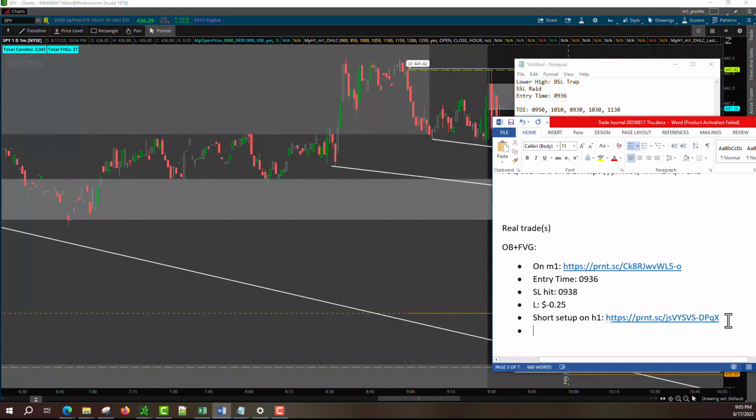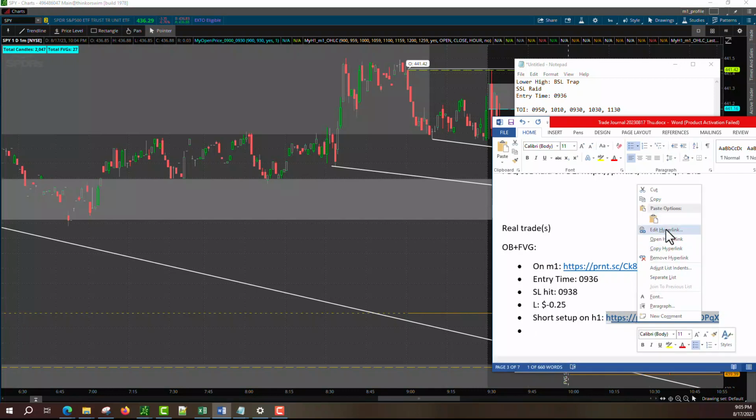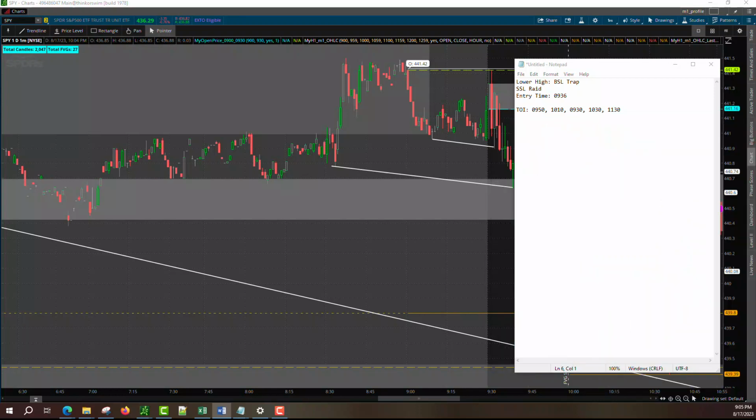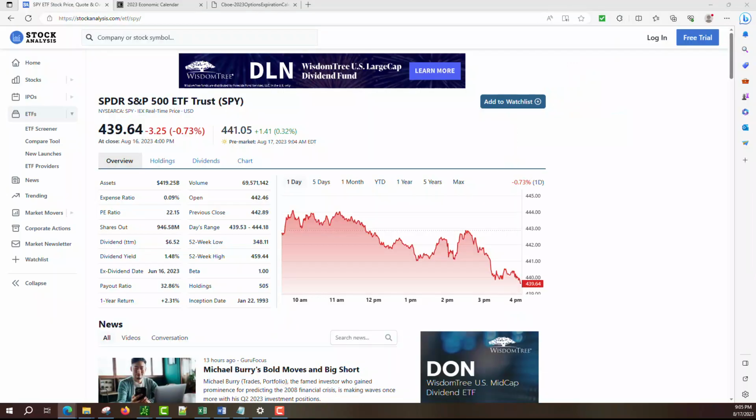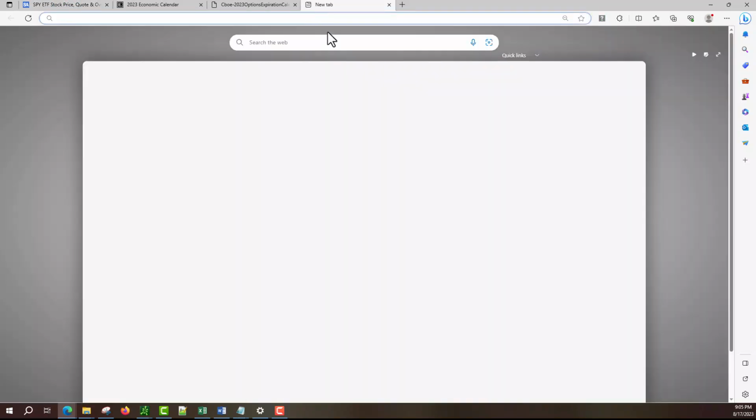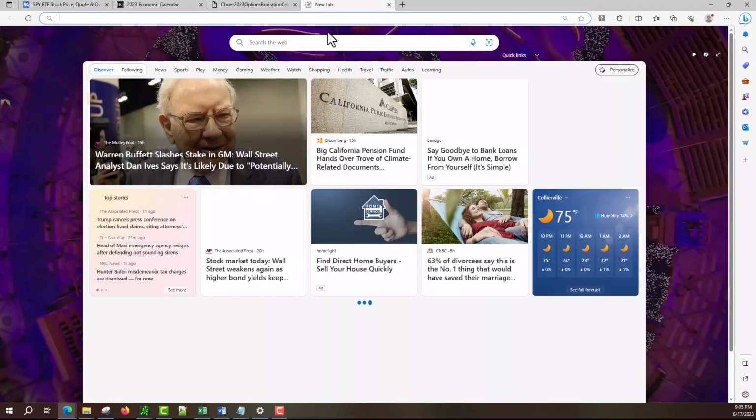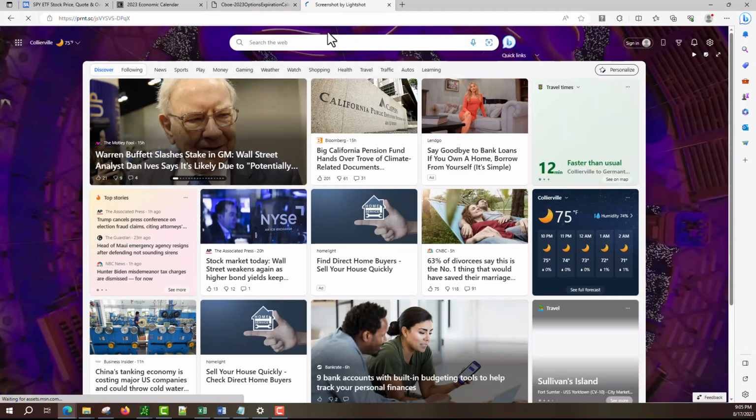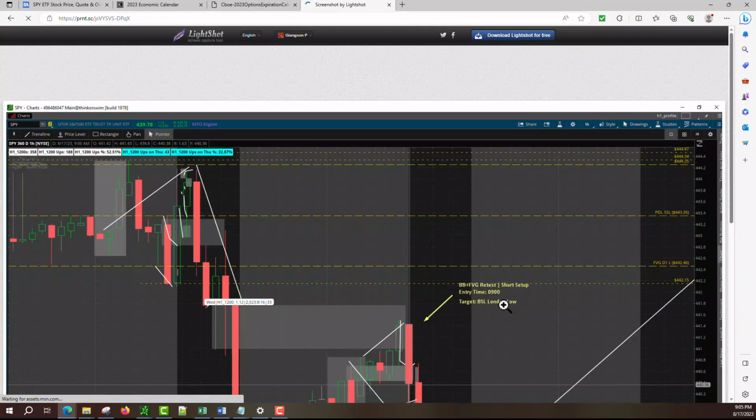Let's look at this screenshot that we took later, because we want to learn from our mistakes, right? That's how we improve. So we learn from the unsuccessful trade. We learn the lesson.